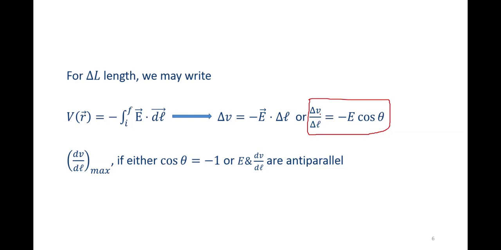This can be achieved under one of two possible conditions. Number one, delta V by delta L would be maximum if cosine theta is minus 1, that is, if the electric field and dV by dL are anti-parallel to each other. In that case we will be able to get the maximum variation in potential with respect to L.